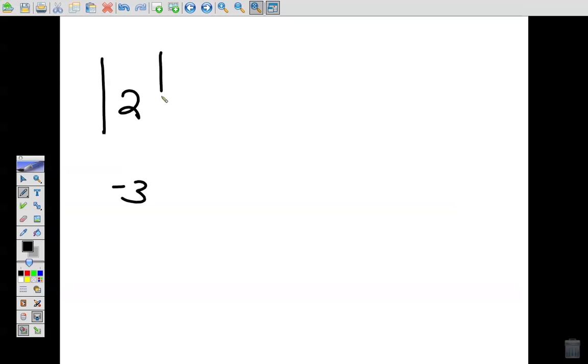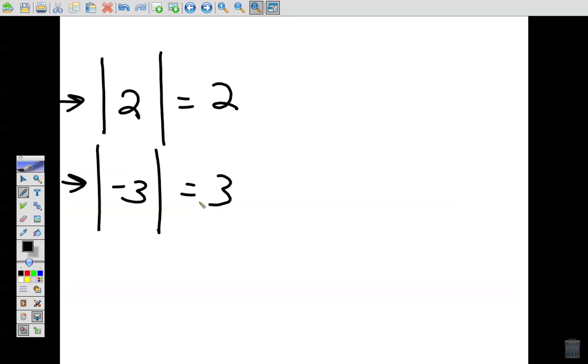It's simply 2 straight up and down lines, taller than the numbers. Here, this means the absolute value of 2, which is 2. What's the absolute value of a negative 3? It's 3.